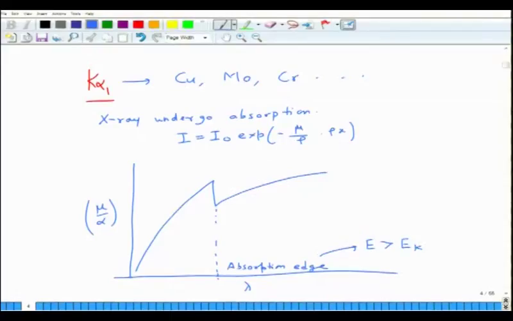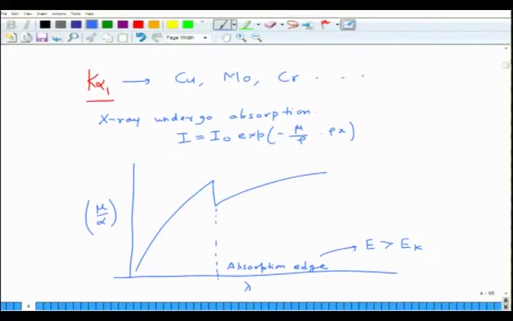So, the moment its energy is higher than the K binding energy, it can eject a K electron, but at the same time the energy is absorbed because energy is spent in ejecting the K electrons. So, the incident radiation will lose its energy.